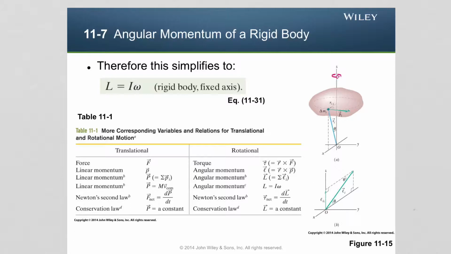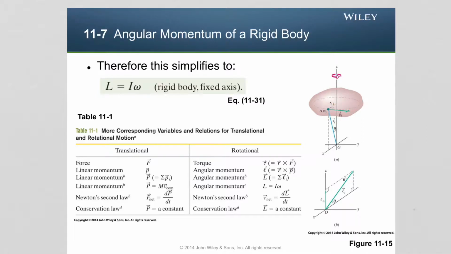So the discussion on the previous slide is illustrated in this drawing here. We have our rigid body with random shape, which rotates about an axis that passes through the z-axis of the three-dimensional coordinate system x, y, z. For a particle inside the rigid body with mass delta m sub i, I can calculate the angular momentum. So the particle is a distance r perpendicular sub i from the axis of rotation.